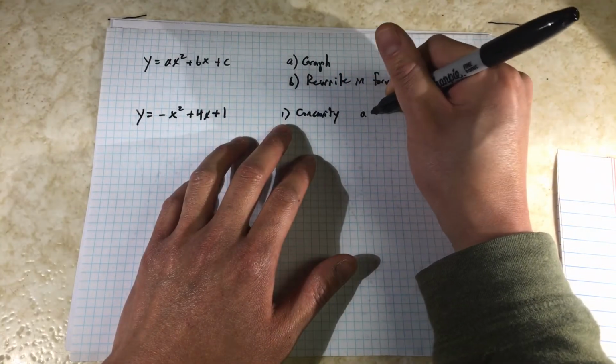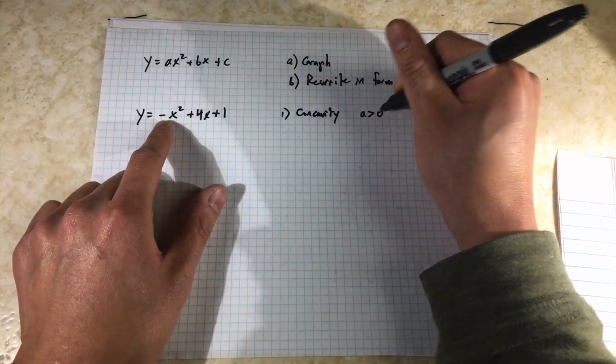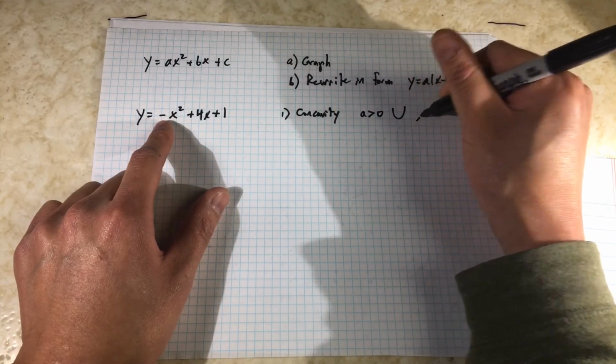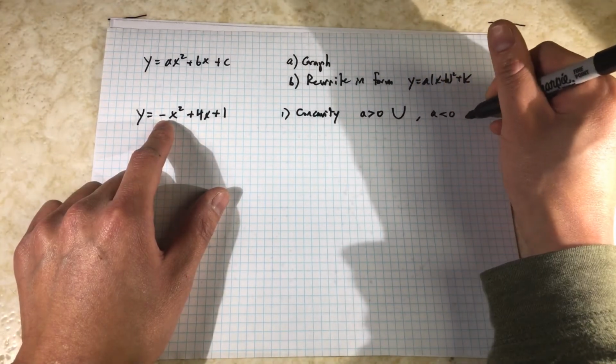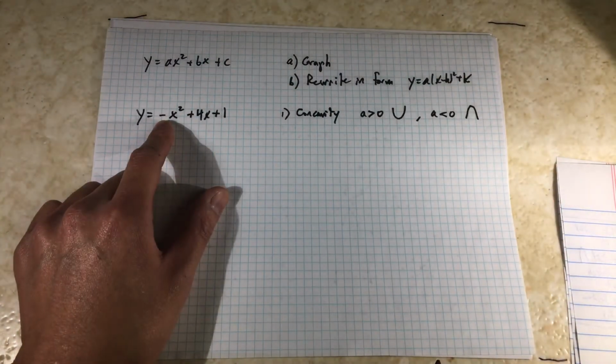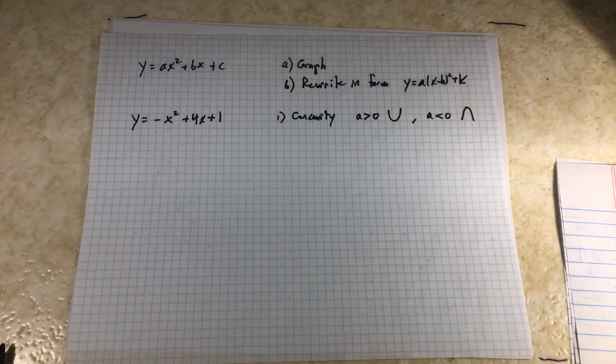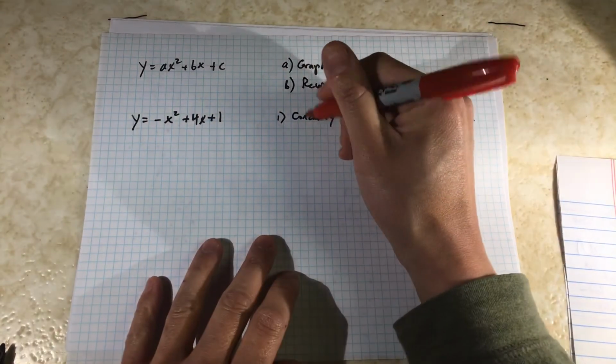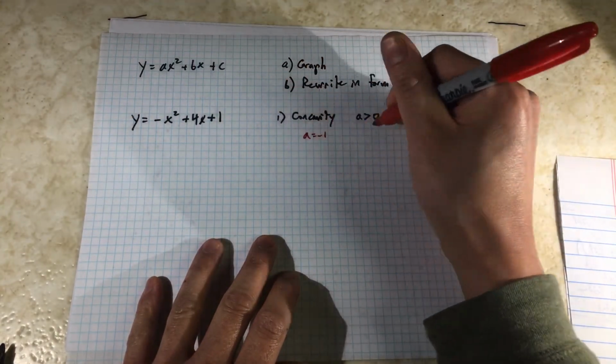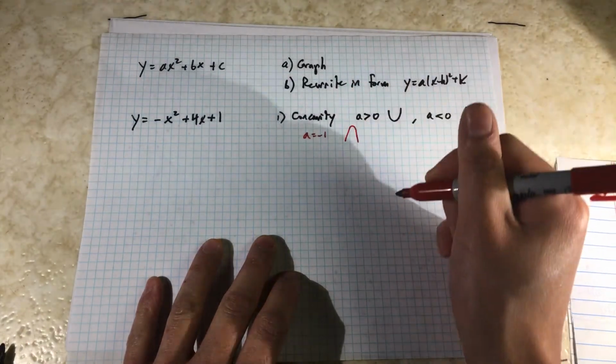If A is positive, then it's going to be concave up. If A is negative, then it's going to be concave down. So in this case, it's going to be concave down. I'll use red to represent the answer in this case. So A is equal to -1. So this is going to be concave down.